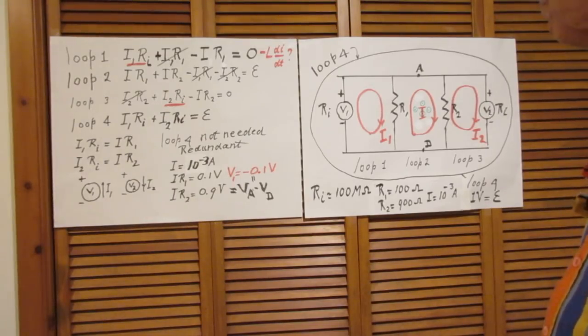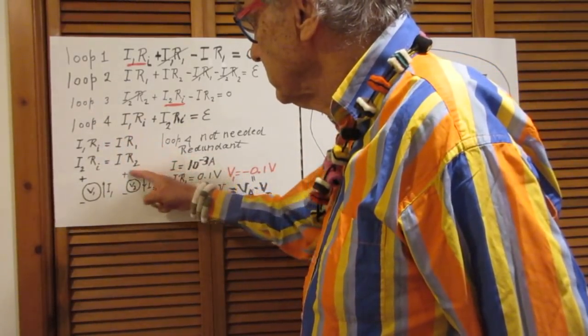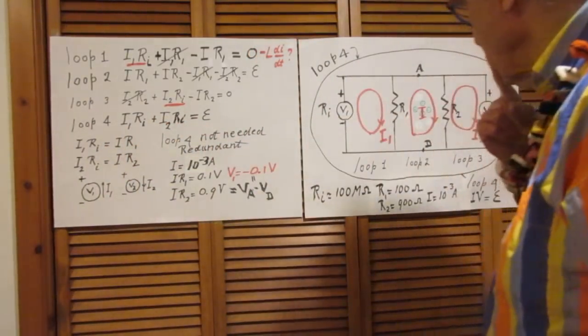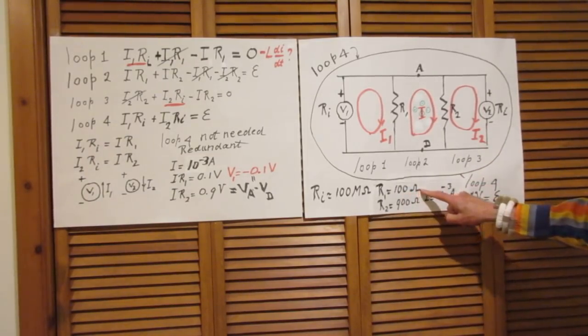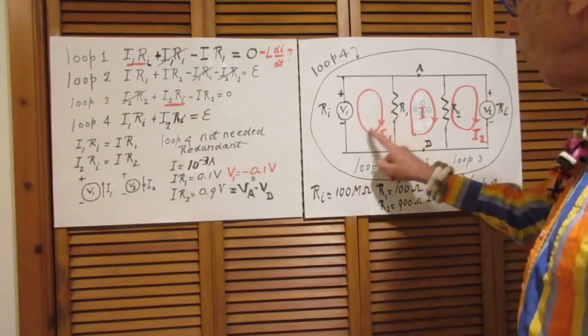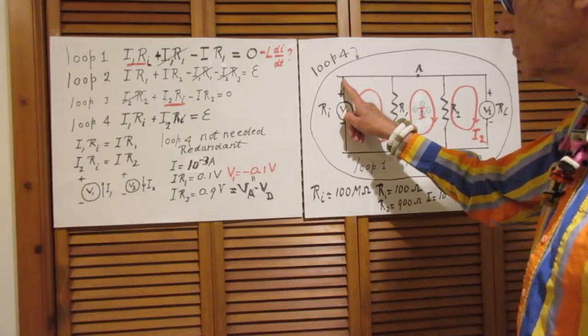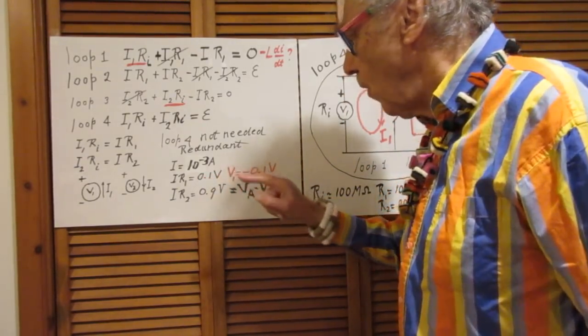So now, let's look at these numbers. IR1. I is 1,000th of an ampere, and R1 is 100 ohms. So this I1 R of I is 0.1 volts.